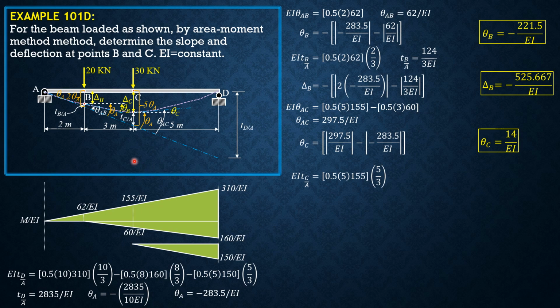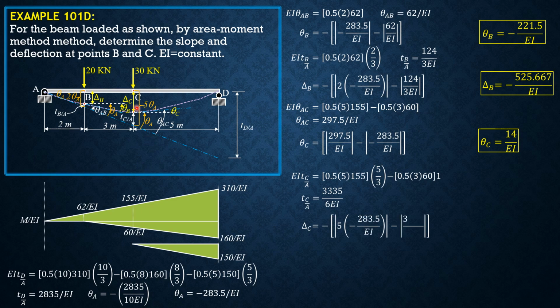So let's evaluate deviation of C relative to the tangent at A. It is the moment of areas between A and C with respect to C. So EI times deviation of C relative to the tangent at A is, we copy these areas, then moment arm 5/3, minus this area 0.5 of 3 times 60, moment arm is 1. So deviation of C relative to the tangent at A is equal to 3335 over 6 EI.